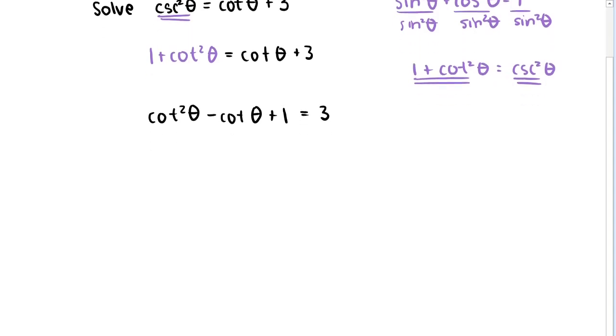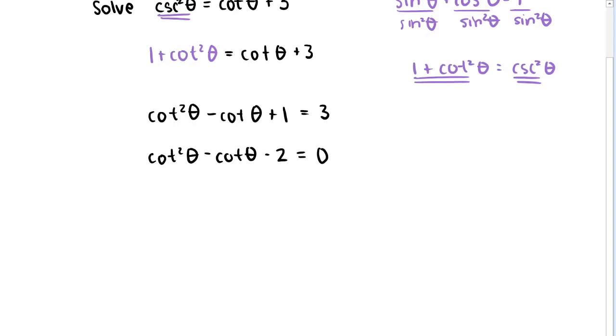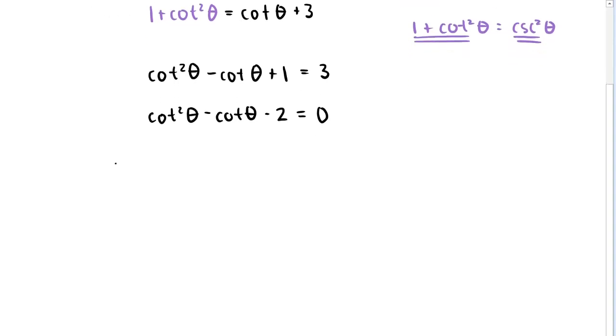And then I can subtract 3 from both sides to get cotangent squared of theta minus cotangent of theta minus 2 is equal to 0. And then here, for this to factor, we would expect a cotangent term there in the first term of that first binomial. I have cotangent of theta here.